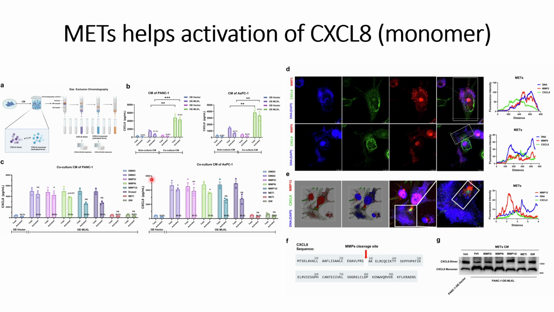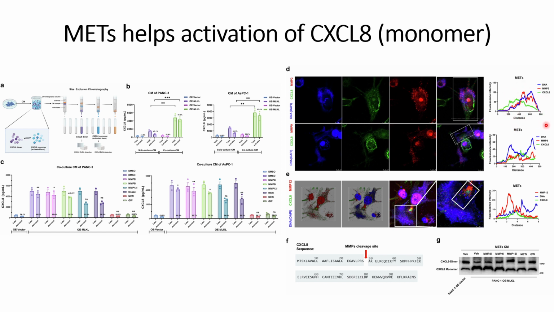After this, they checked their results using confocal imaging of MMP2, MMP9, and MMP12, and they can see that in the case of MMP2 and MMP9, the overlap of the MMP signals and CXCL8 signals is low. That is shown in the right-hand side quantifications.